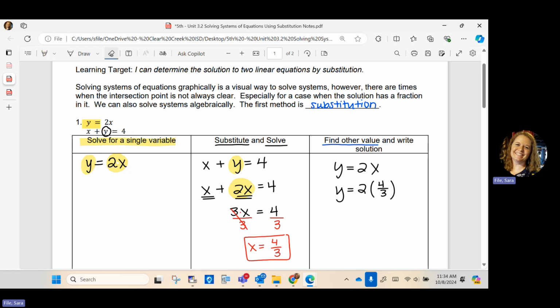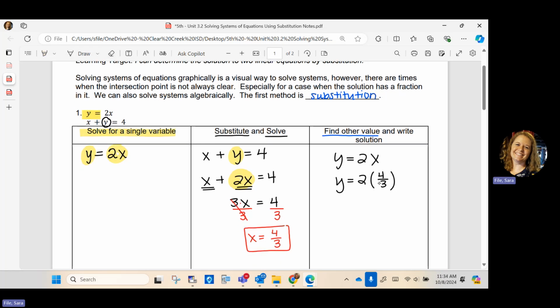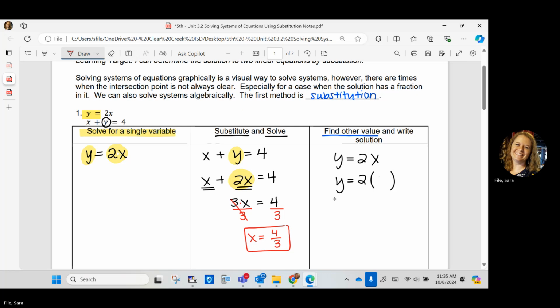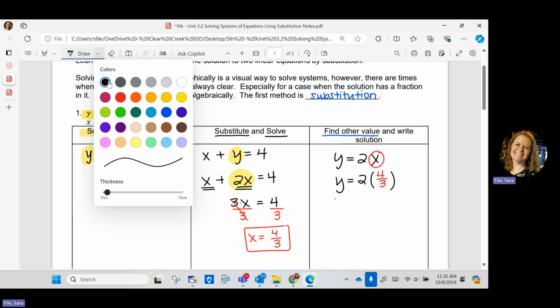And actually, I'm going to color code that. I write that in red. We said x was 4/3, so you can see I'm replacing the x, or substituting the x, with 4/3. I'm going to solve for y.